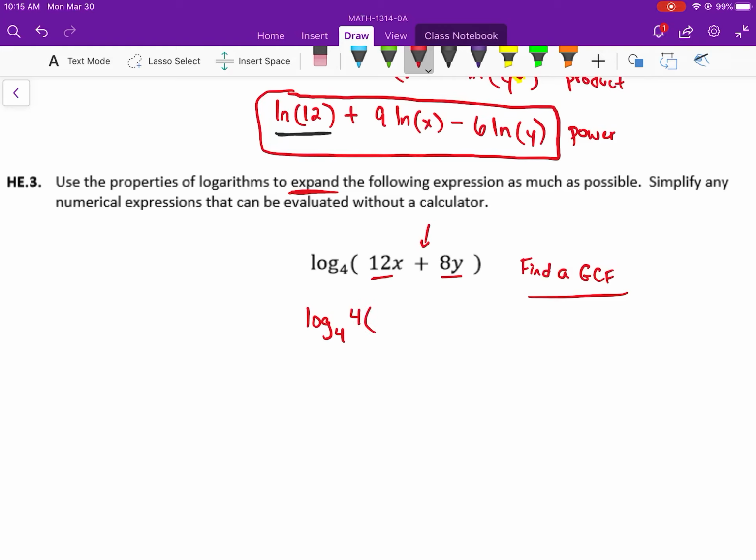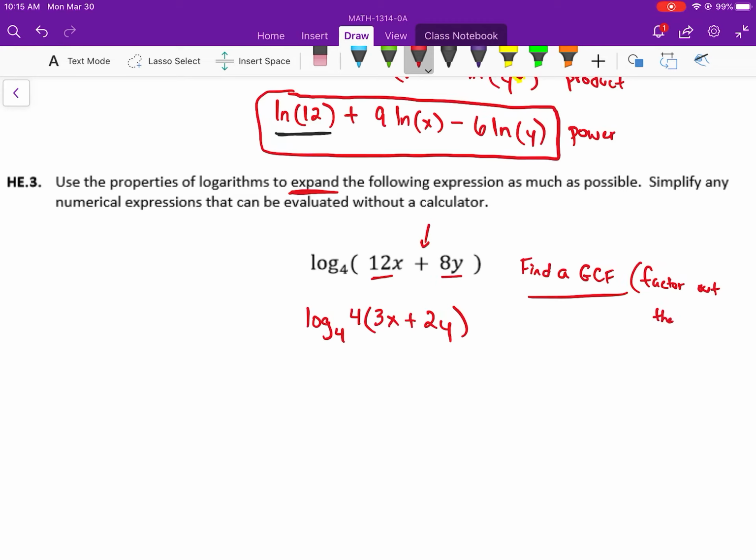All right, so let's factor out a 4. So we have log base 4 of 4 times what gives me 12x, that would be 3x, plus 4 times what gives me 8y, that would be 2y.